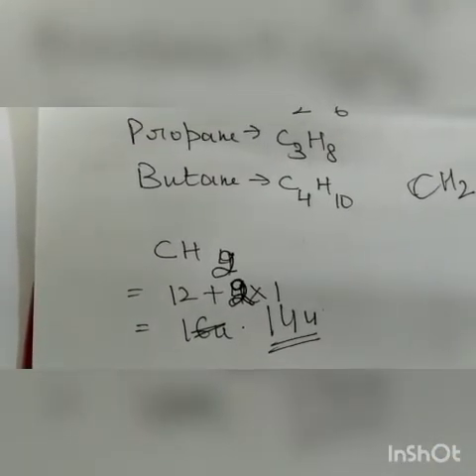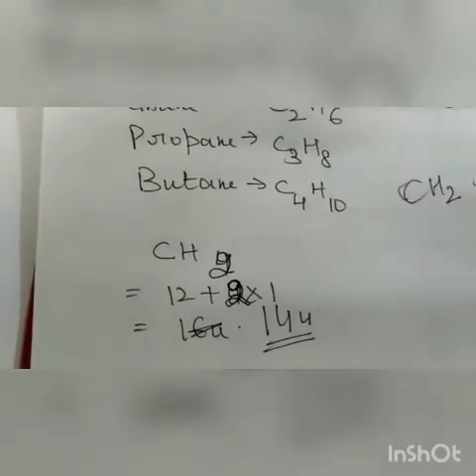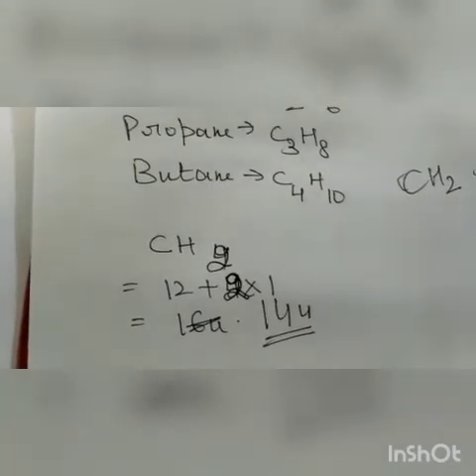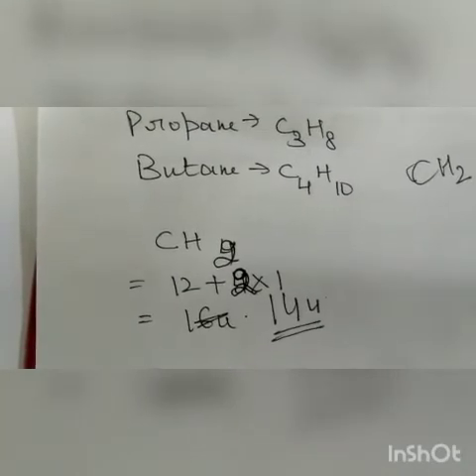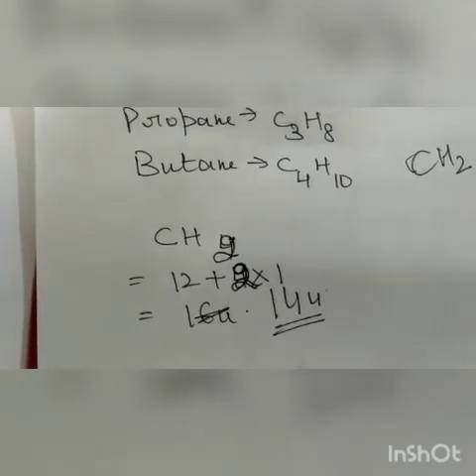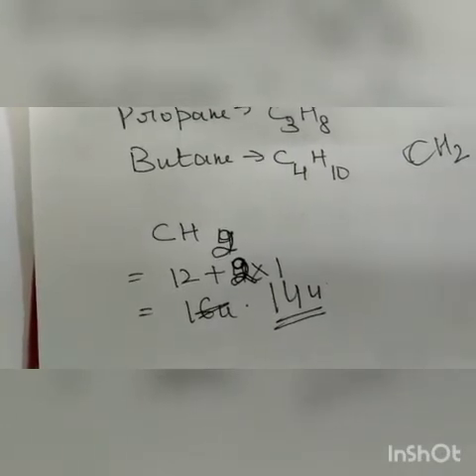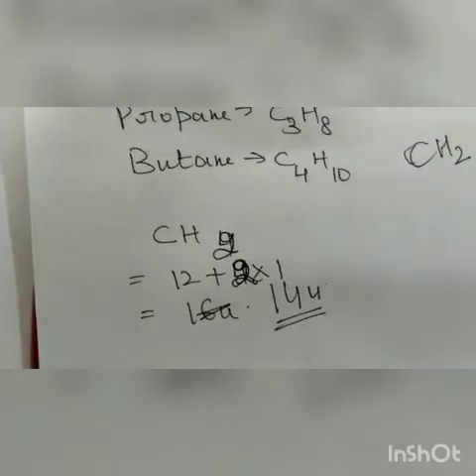Now what they are saying is that the successive members differ by a CH2 group and 14 mass units. Definitely, because if they differ by a CH2 group, then since the molecular mass of CH2 is 14 units, they differ by an atomic mass of 14 units.